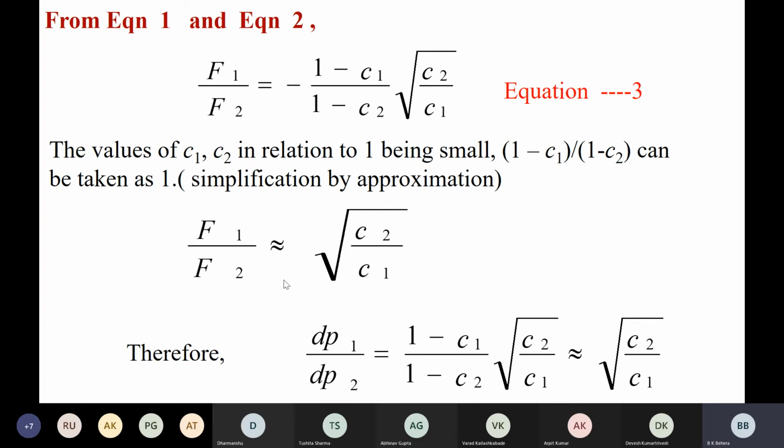Therefore, summarizing all these three equations, dP1 over dP2 is equal to (1 minus C1) over (1 minus C2) into this, which is approximately equal to root C2 over root C1.